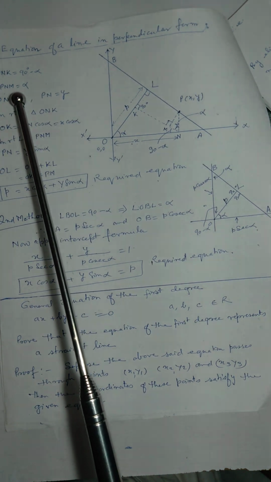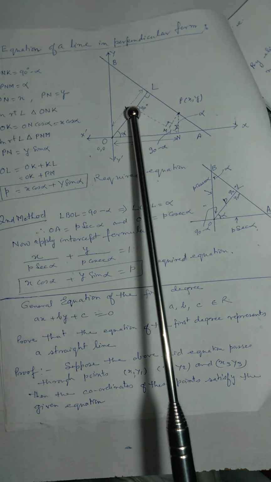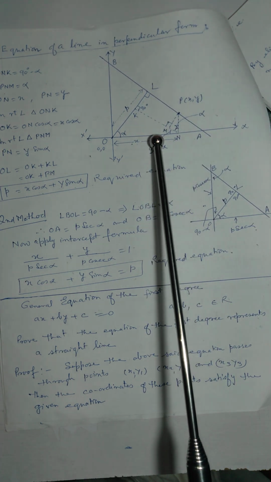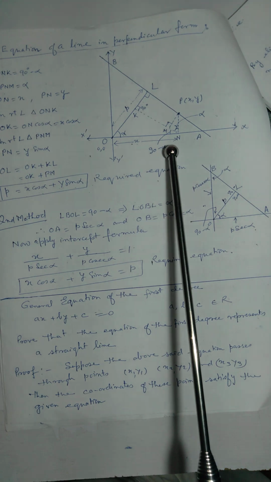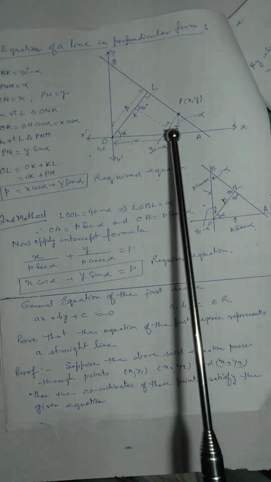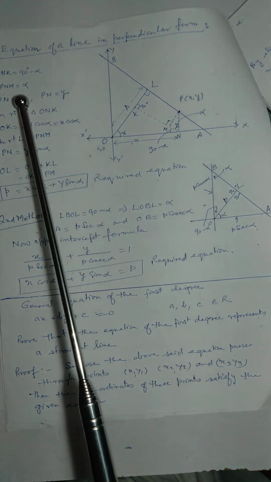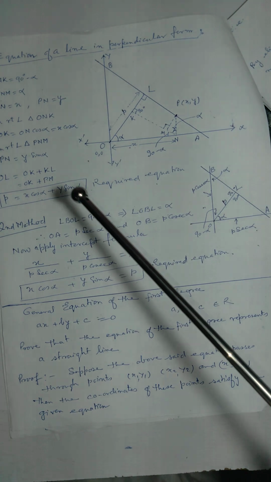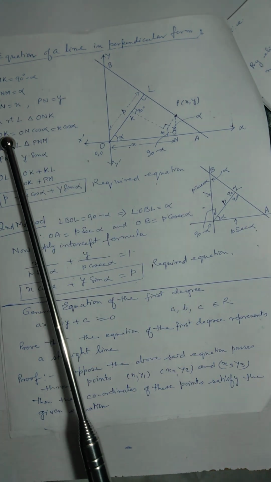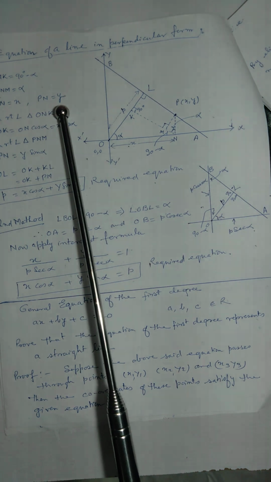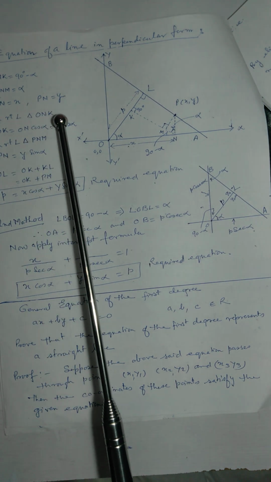Angle PNM is alpha degrees. You see, ON is equal to x and PN is equal to y.